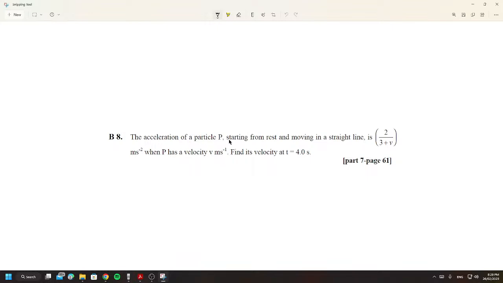Okay, so the acceleration of a particle p starting from rest and moving in a straight line is such that when p has a velocity v meters per second, find its velocity at. Okay, so starting from rest.